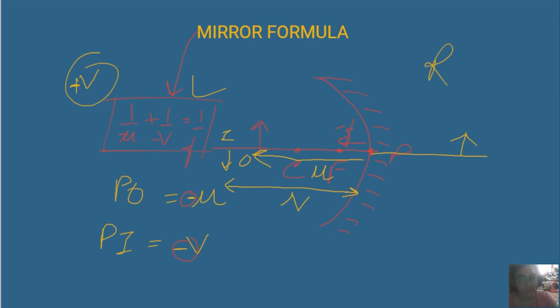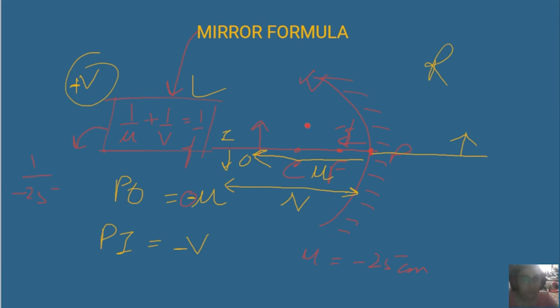But what you have to do is, when you are giving the magnitudes, for example, if I say U in this image is minus 25 centimeter, then while calculating, you have to give minus 25 here. Okay, you cannot just negate the minus sign.